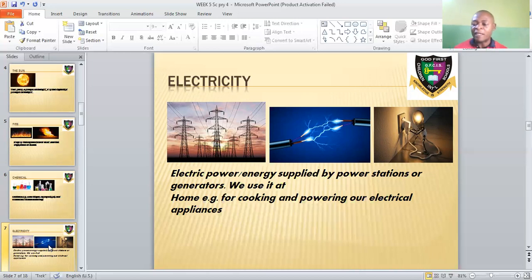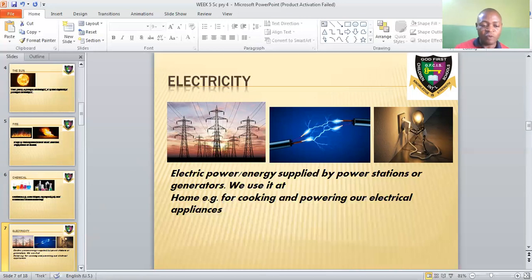We also use it to iron our clothes, and to run machines in industries and companies. This is an example of it. You can see the picture, that is electricity. So it's also another source of heat.